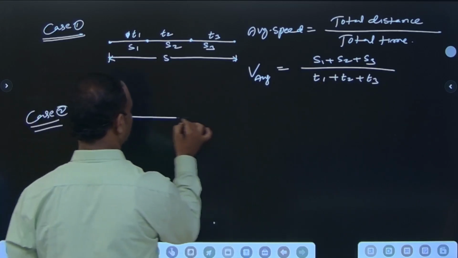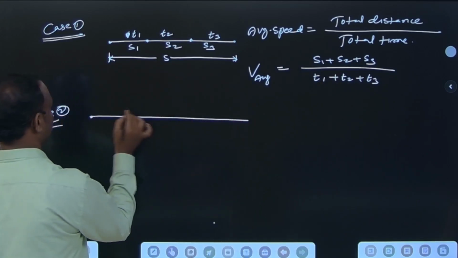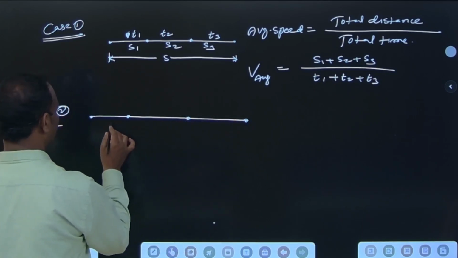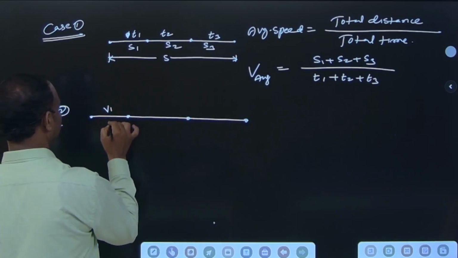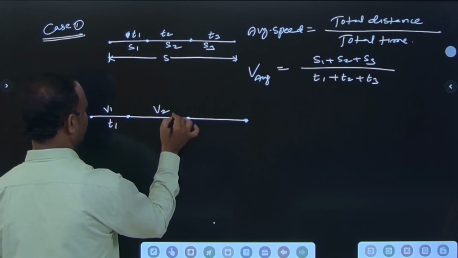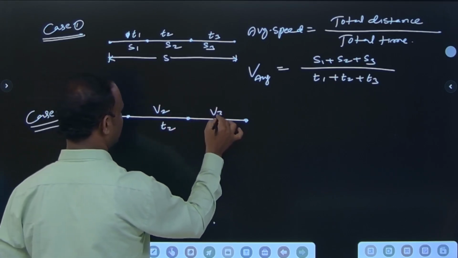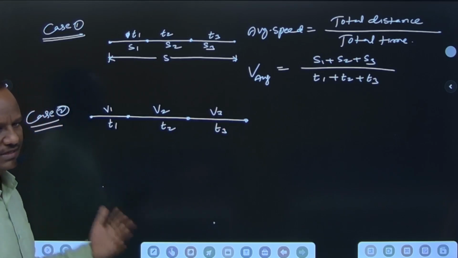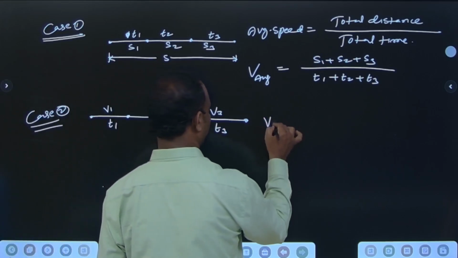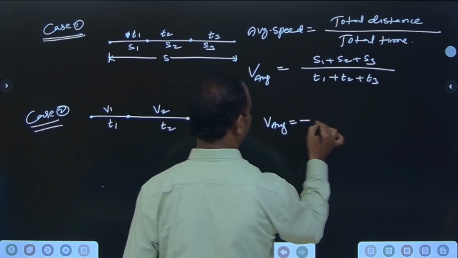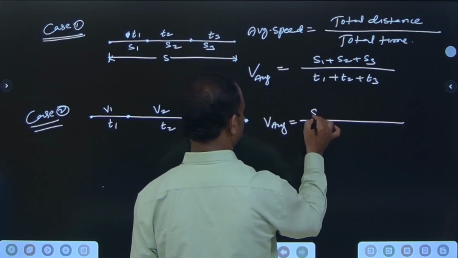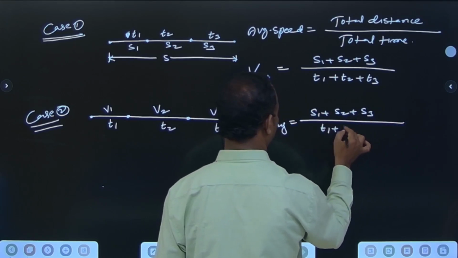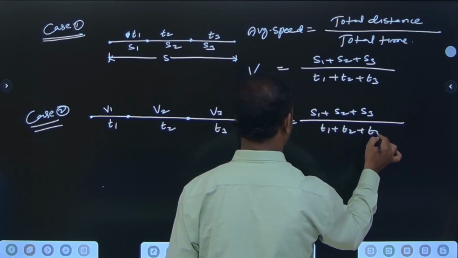If instead velocity v1 is given in time t1, v2 in time t2, v3 in time t3, what is the average speed? The average speed is total distance S1 plus S2 plus S3 by t1 plus t2 plus t3.